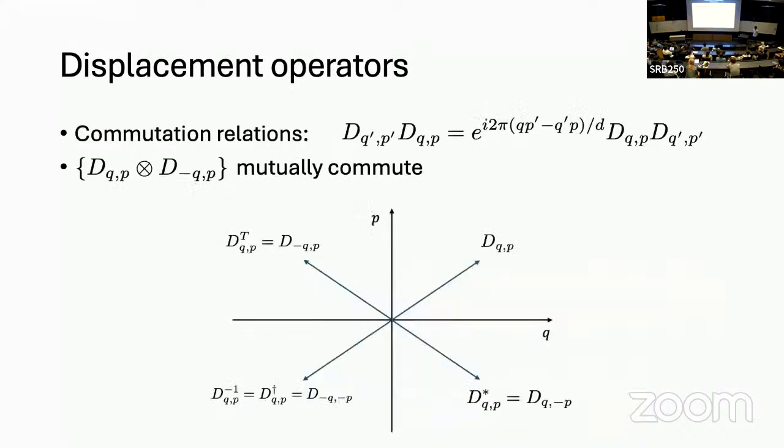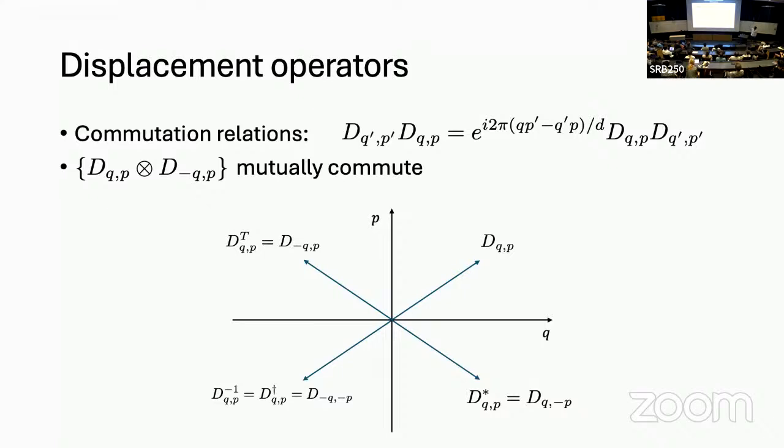OK, so a little bit about these displacement operators. They have some commutation relations where, remember, if I braid two Paulis, I either get a plus sign or a minus sign, right? They either commute or anti-commute. These satisfy a similar thing, but when I braid them, I can pick up a d-th root of unity, so a phase.